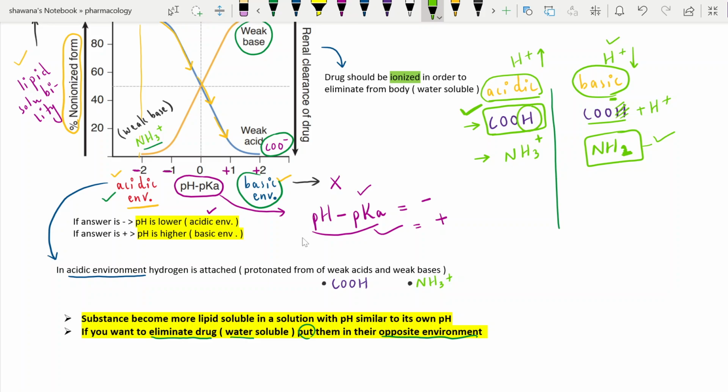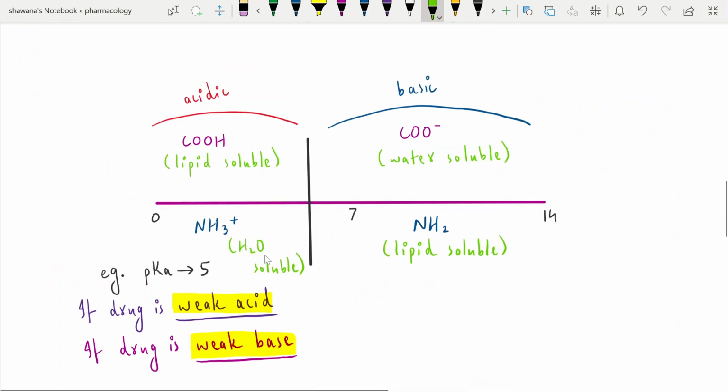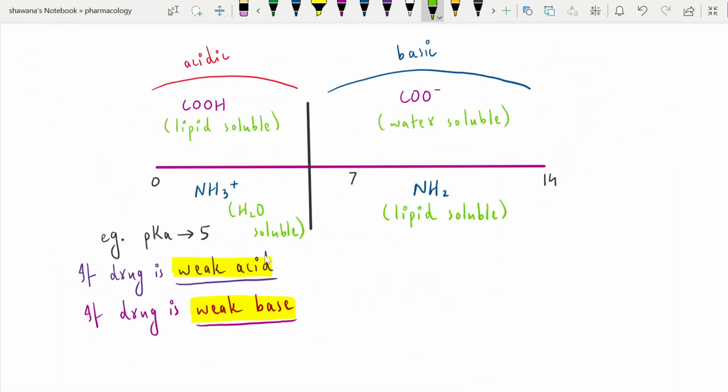For example, a weak acid can be eliminated in a basic environment, and weak bases can be excreted in an acidic environment. Here the same thing is written. For example, in a clinical vignette, a drug is given whose pKa is 5.